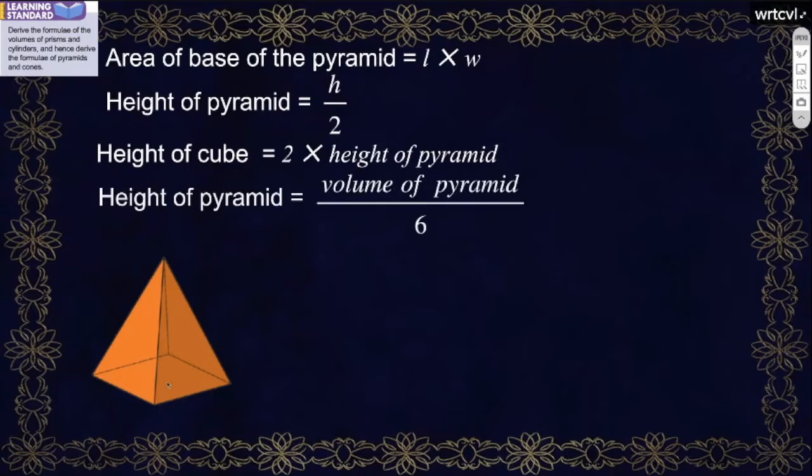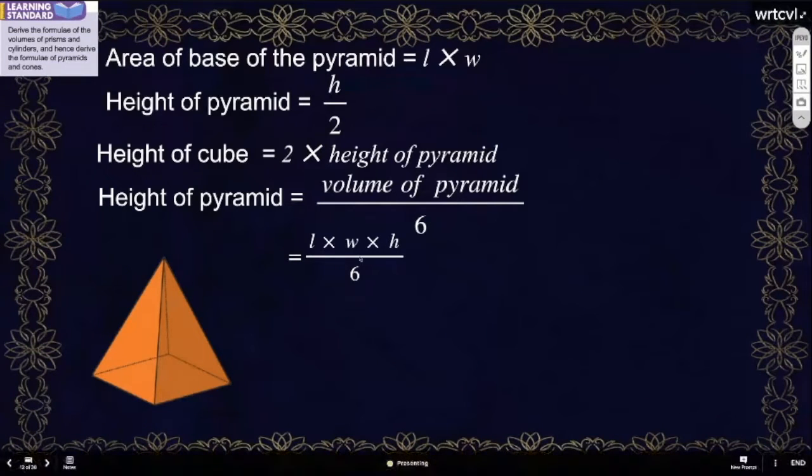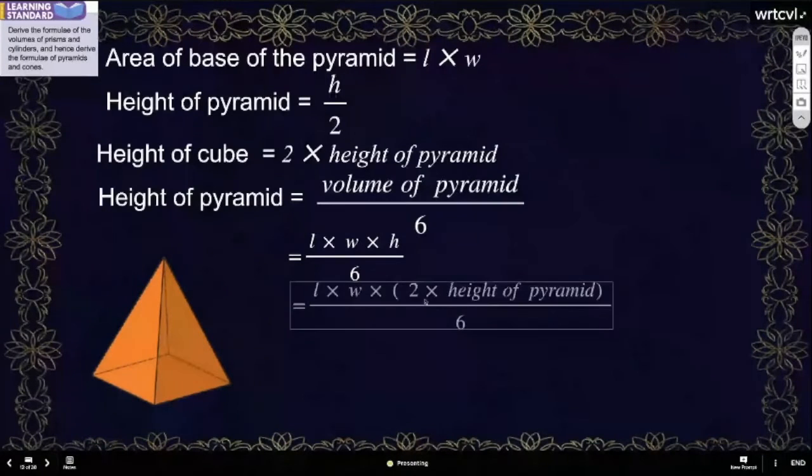So volume of the pyramid divided by 6, the height. Okay, height of the pyramid is equal to volume of pyramid divided by 6. So the formula, length times the width times the height equals 6. Then you can see that the length and width, actually this is a triangle. The area of the triangle is 1 over 2 times the base times the height, right?